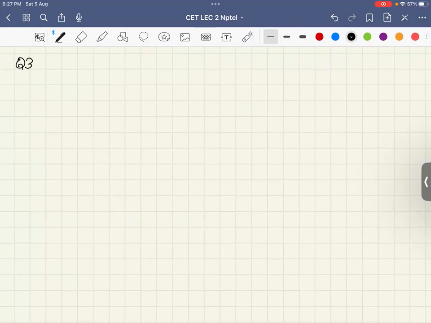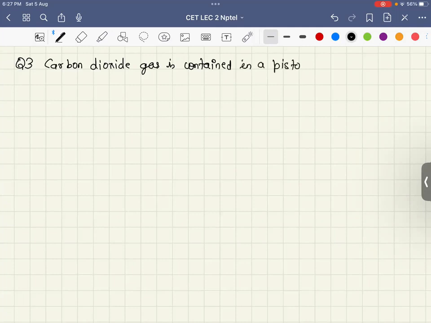Question number 3. So what we have is carbon dioxide gas contained in a piston cylinder device.